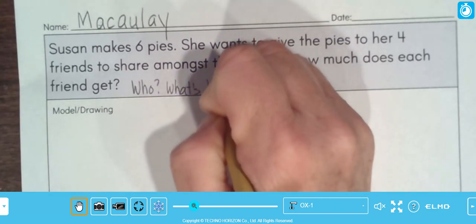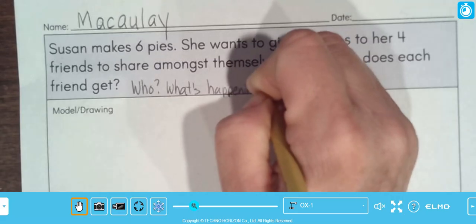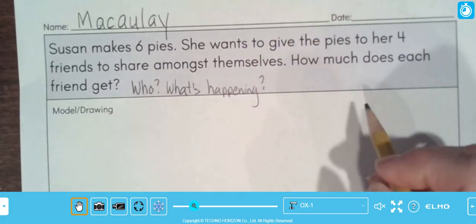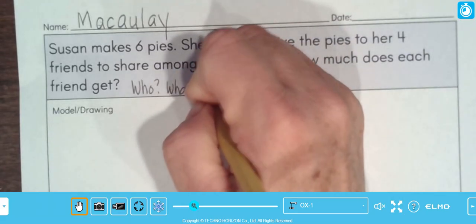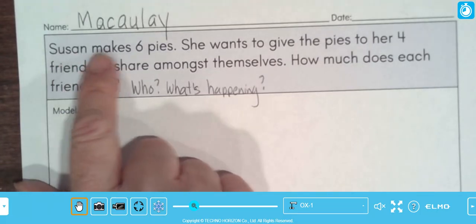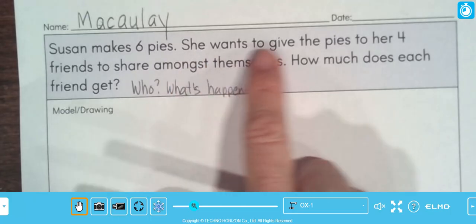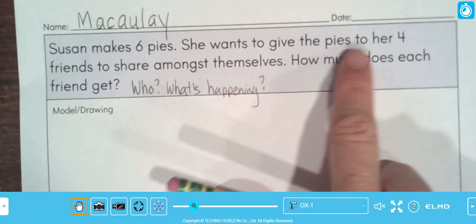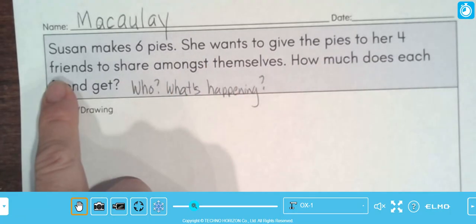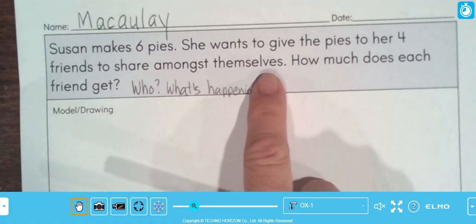Okay, so now the next question is what's happening? And you don't have to write this part, okay? I'm just writing this down so you can remember what the question is that we're focusing on. What's happening? Okay, here I go. Susan makes 6 pies. She wants to give the pies to her 4 friends to share amongst themselves.